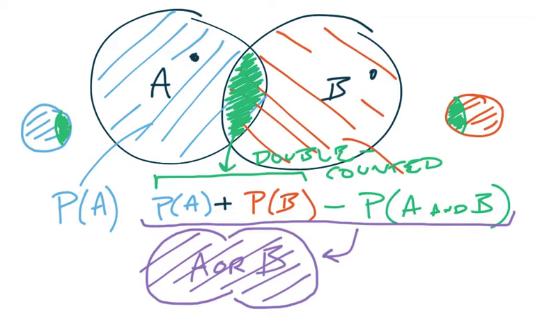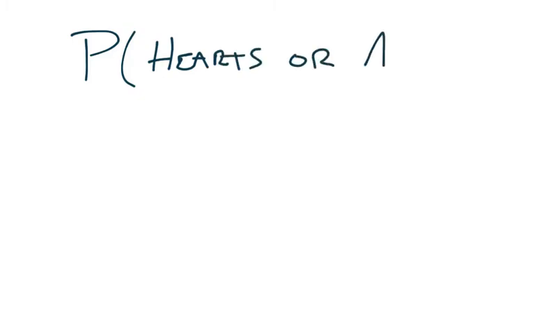We can do maybe one quick example, just to hopefully tie this together. So another example here. Let's look at a 52 card deck. What's the probability of hearts or ace? Let's say you draw one card from the deck. You look at that card.